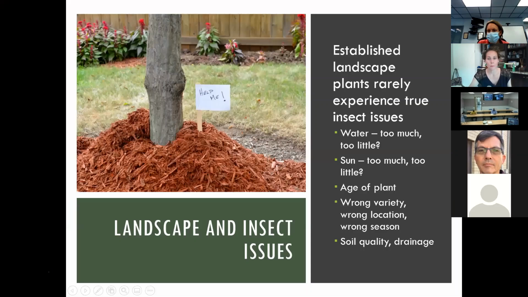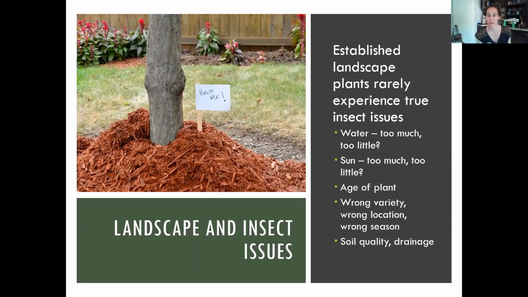So one thing to remember before we really start talking about the insects that are in there is that most of your very well established landscape plants don't often have major insect issues unless they're stressed out for some reason. So super established plants are generally pretty benign to getting insects, but it doesn't happen very often.